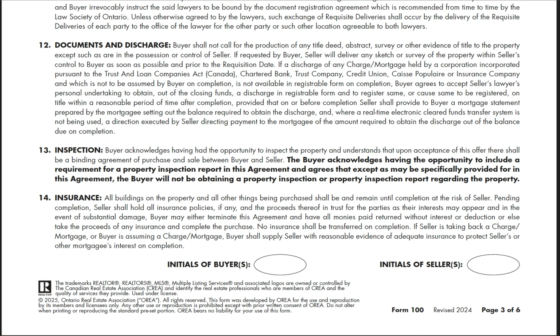So basically, the key takeaways are that the seller is responsible for the property until closing. If substantial damages occur, the buyer can cancel or proceed with insurance proceeds. The seller's insurance policy is not transferred to the buyer, and the buyer must provide proof of insurance if assuming a mortgage.